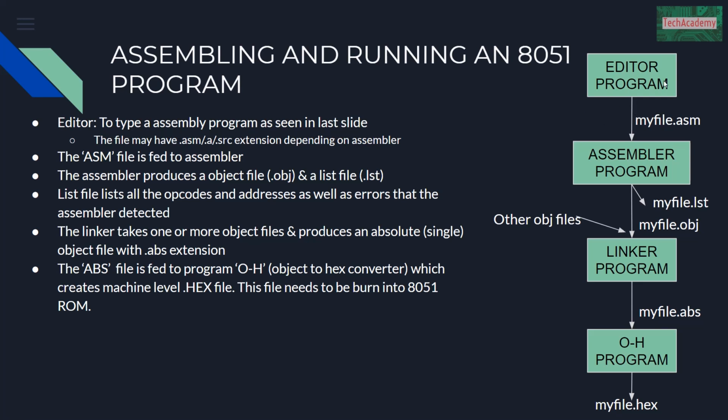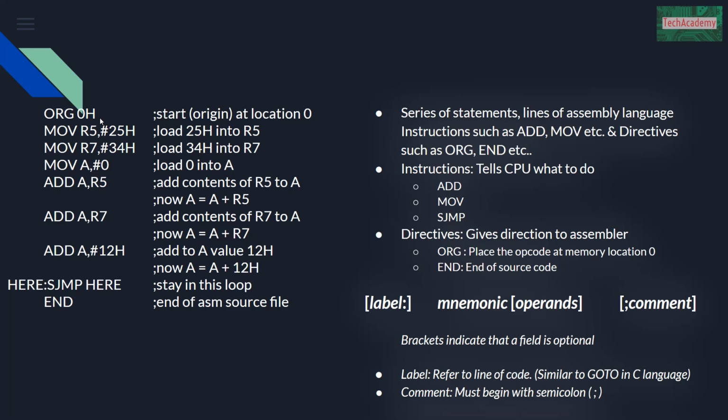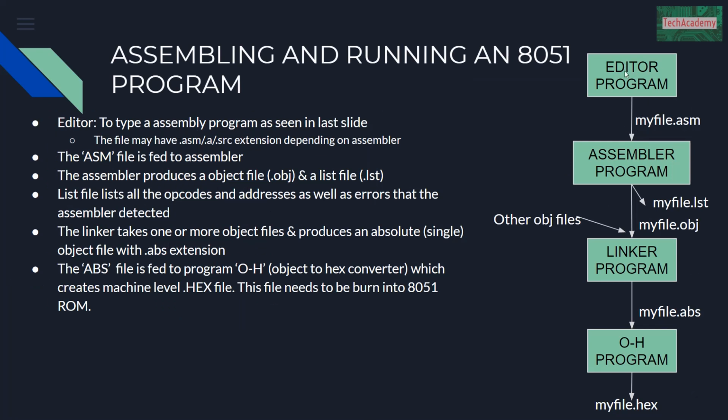So there is not much difference here. The program which we have written, you just have to write in any editor, like Notepad or Notepad++, and save that file with any extension like .asm, .a51, .src depending on the assembler which you are using.